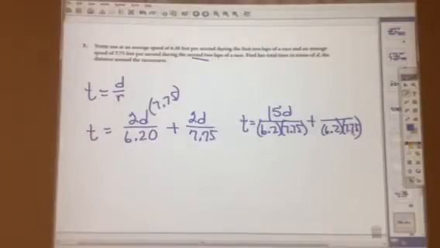This denominator into this denominator over here would be times 6.2. 6.2 times 2D would give me 12.4D.